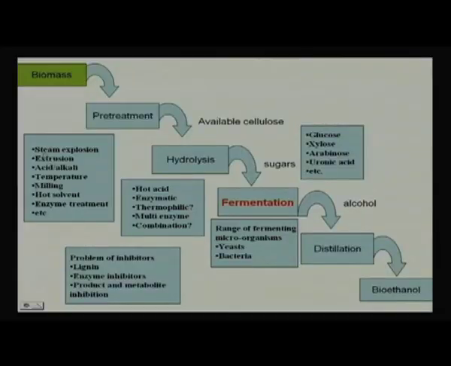Some examples are steam explosion, extrusion, acid alkali treatment, temperature, milling, addition of hot solvent, and if we are going for biological means we can treat it with whole cell microbes to delignify, or we can use enzymes, that is the enzymatic treatment for removal of lignin from the lignocellulosics. When lignin is removed from this biomass, we are getting available cellulose.